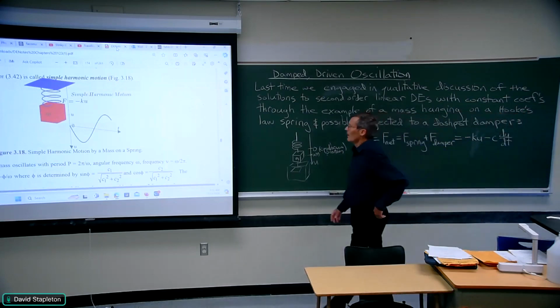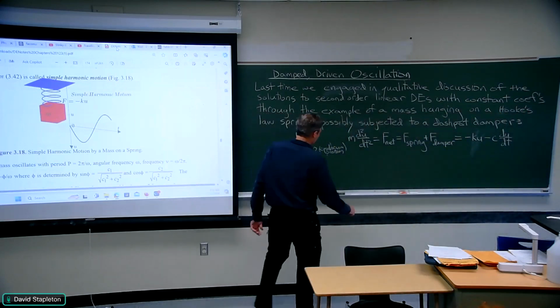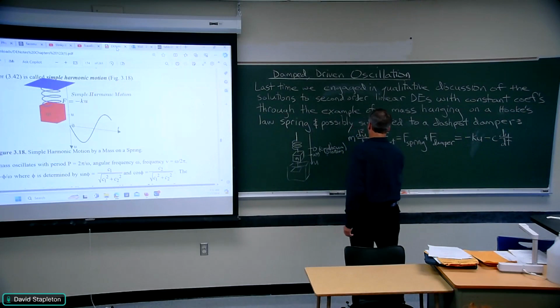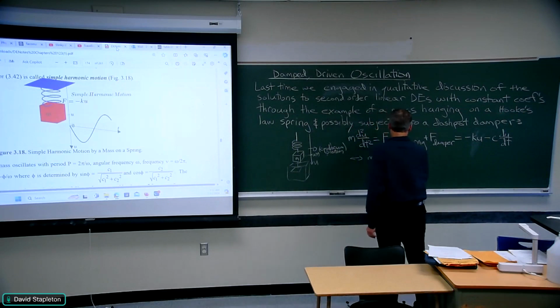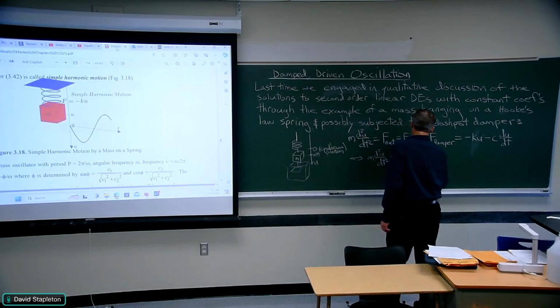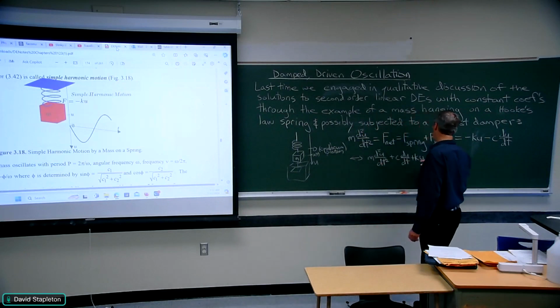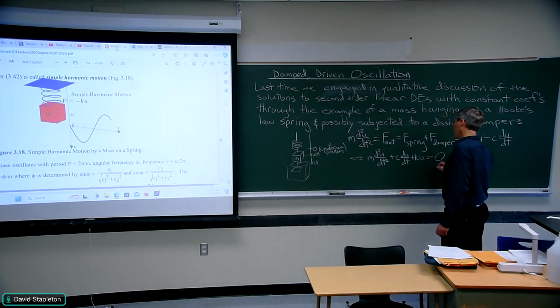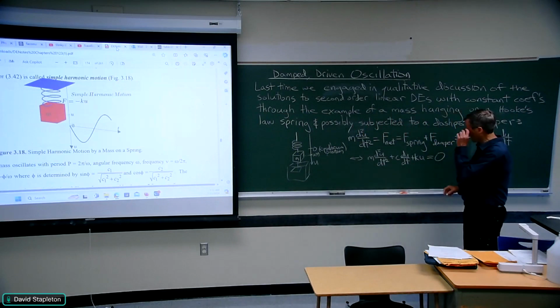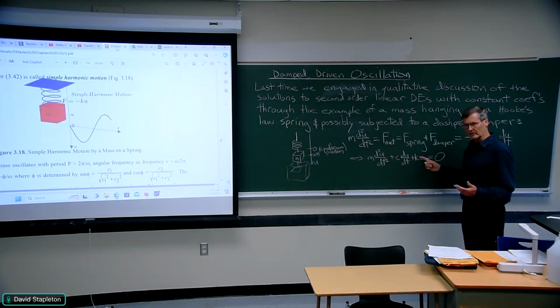So what happens when you solve this equation is that this is equivalently m d squared u dt squared plus c du dt plus ku equals 0, with all these constants m, c, and k positive. And this is a second order linear differential equation with constant coefficients, just the kind we've been studying, and homogeneous so far. So we use the characteristic equation to find the general solution.